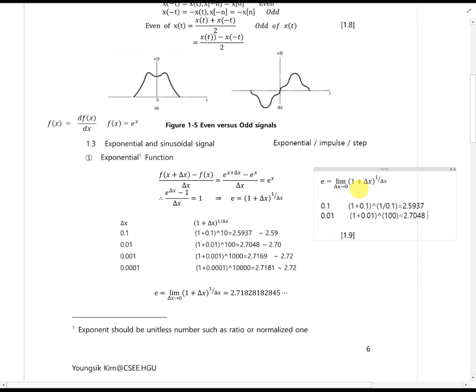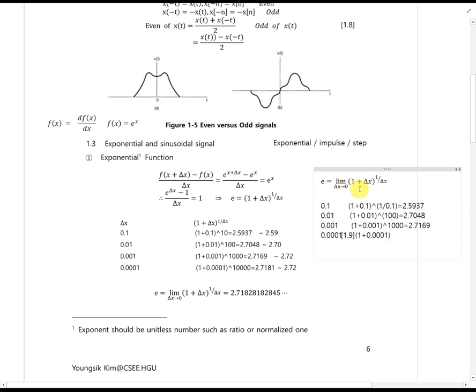Okay, this is 2.7048. We need a more accurate one, then we can try this one. Then this one is 1 plus 0.001, to the power of 1,000. So this one is 2.7169. This is accurate enough, but if we need a more accurate one, we can take another limit, this one.